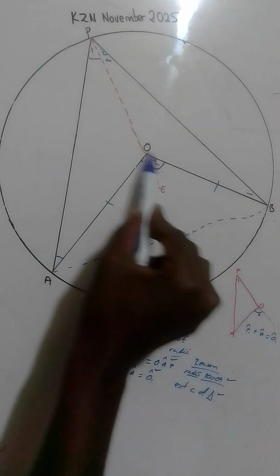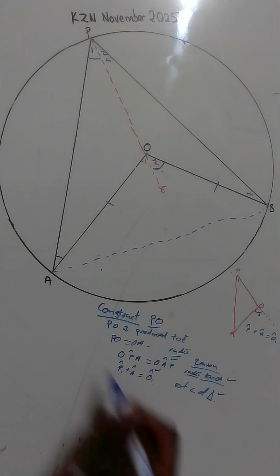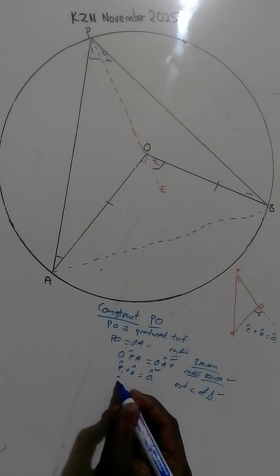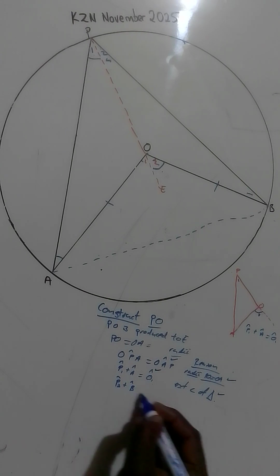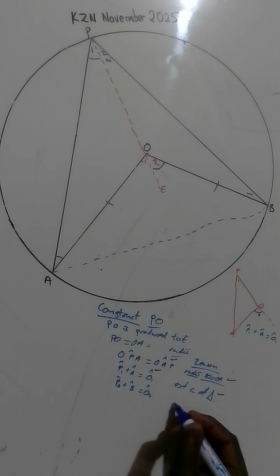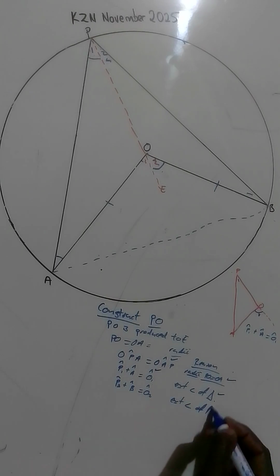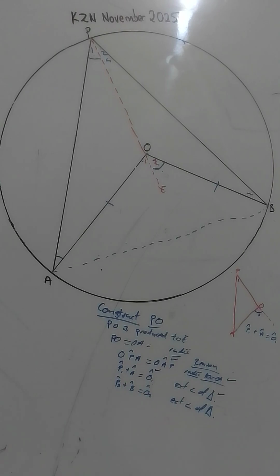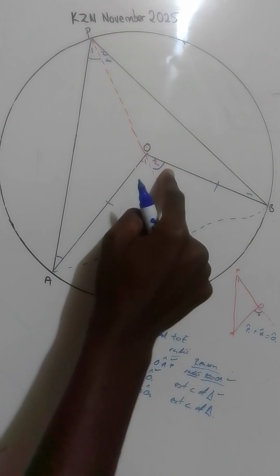It's the radii as well. So I'll also say that angle P2 plus angle B are equal to angle O2. And it's for the same reason, exterior angle of a triangle. Now remember, we are saying that these two angles are equal to a single angle.